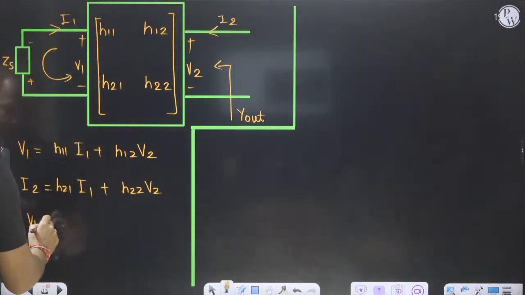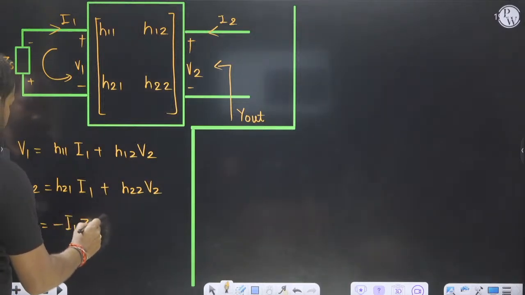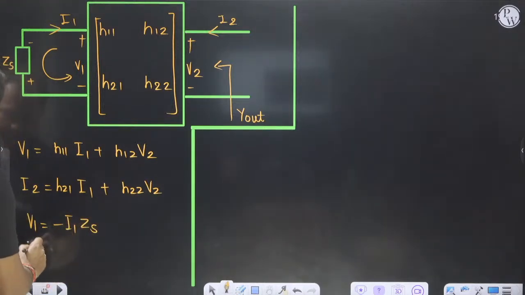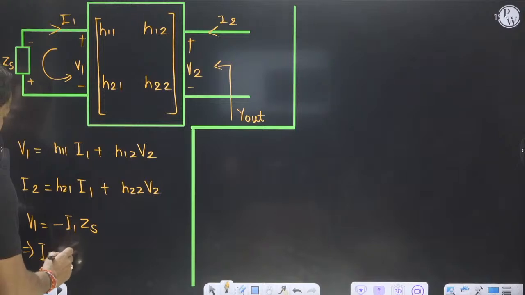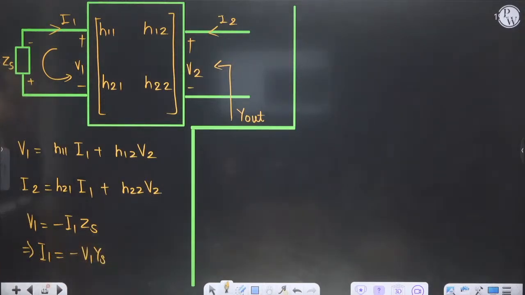So V1 is equal to minus I1 into Zs, or I1 is equal to minus V1 into Ys. We have to find out I2 upon V2, so I will replace I1 in terms of V1.